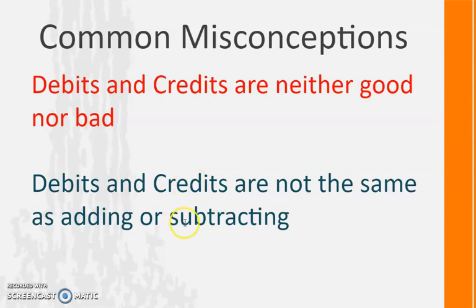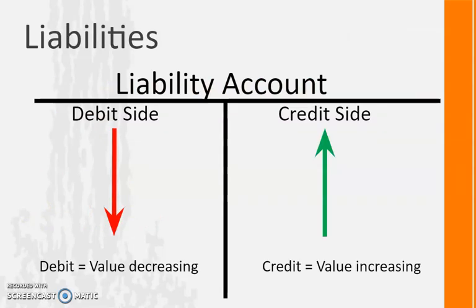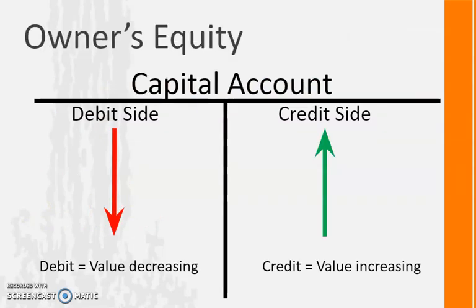So you can't get into your mind that one means adding and one means subtracting, because it depends on the normal balance of that account. The capital account, or the owner's equity account, acts just like the liabilities account. Because it's on the right side of the equation, the credit side of the equation, a debit transaction for the capital account would be a decrease in value, and a credit transaction would be an increase in value.